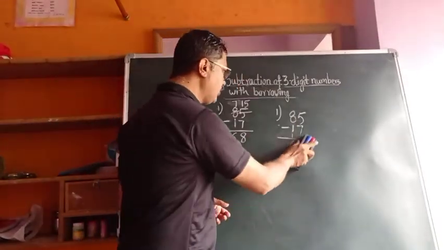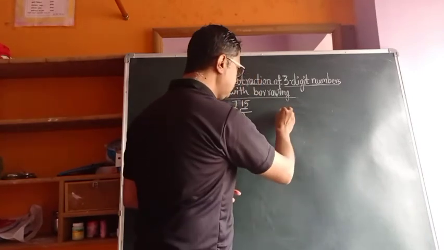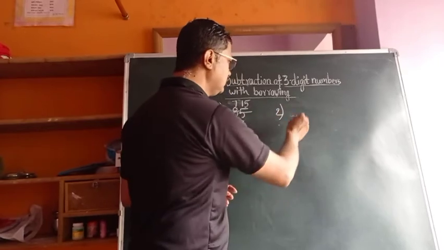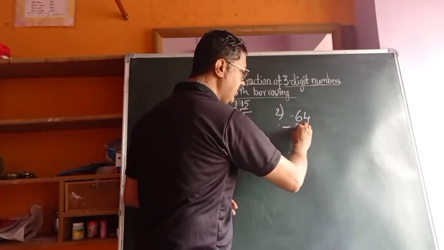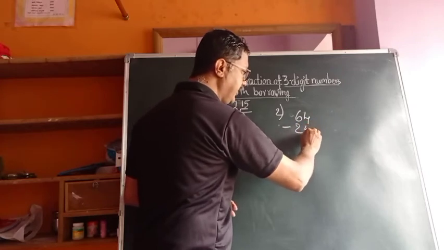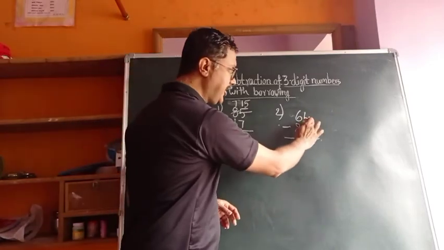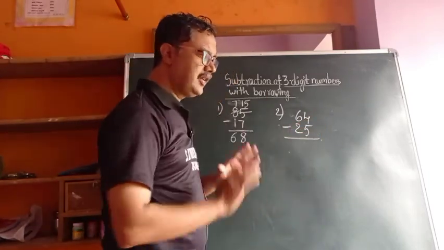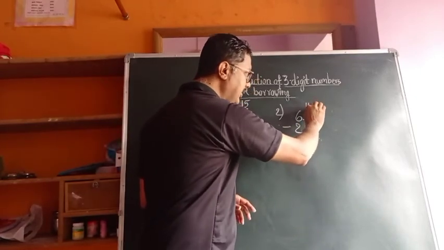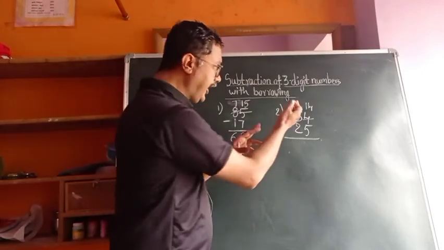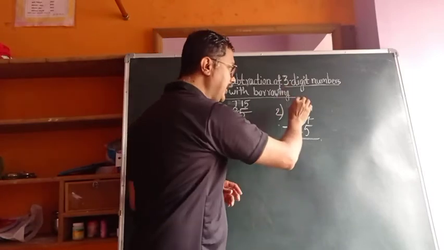Next I'll take the second one, 64 minus 25. Here, first the upside number is small and the downside number is big. Then we have to strike out this number and write the new number 14. Exactly the next number, we have to strike out this number also. Minus 1 we have to do.